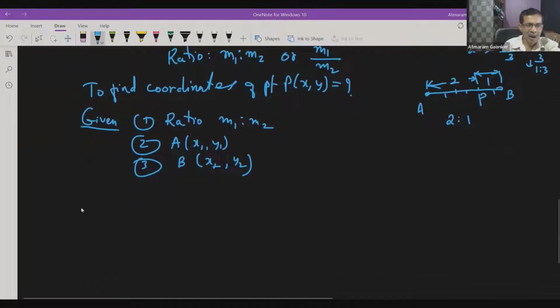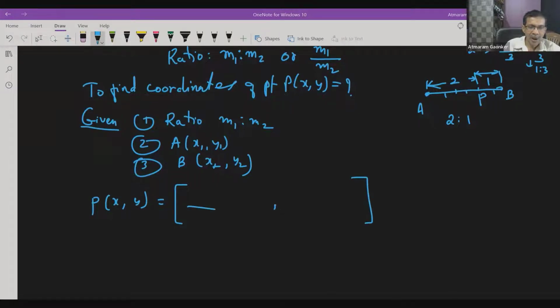The formula is simple, and I will tell you how to remember it also. The formula is like this: P (x, y) is given as the coordinates of 2. What are these 2 coordinates? Here it is the ratio. In the denominator, it is equal to the sum of m1 and m2.